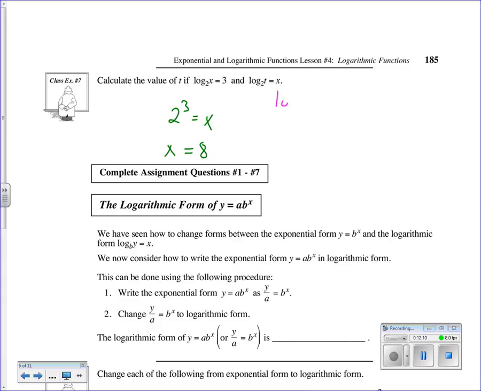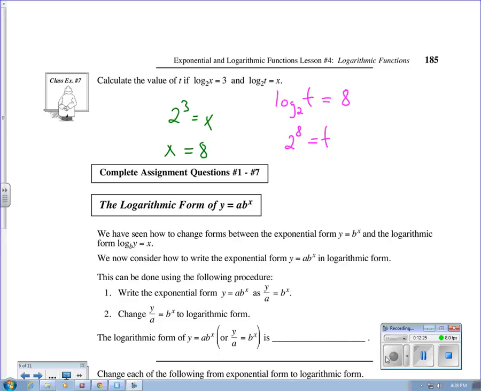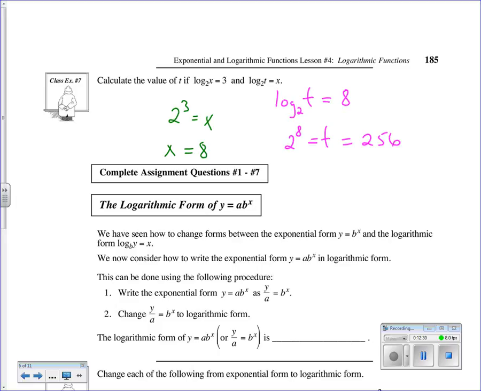Log base 2 of t is equal to what x was, which is 8. So now this says 2 to the 8 is equal to t. Well, what's t? And t would be 256.